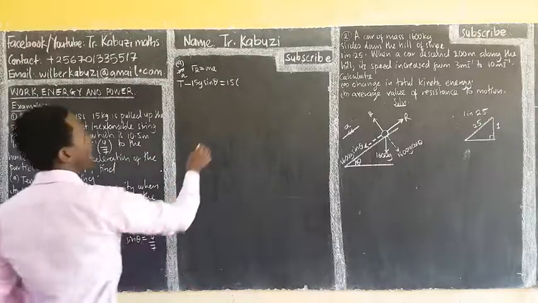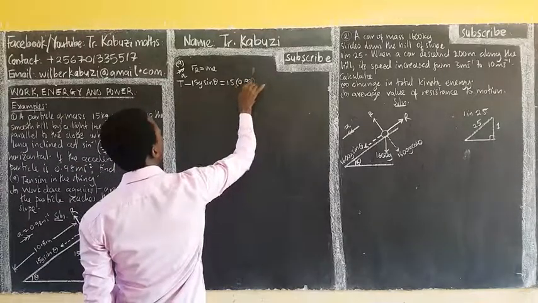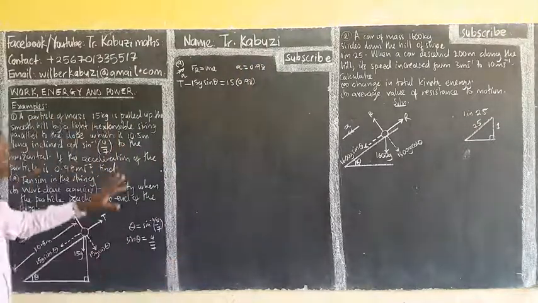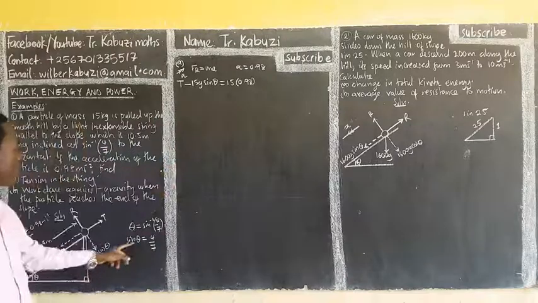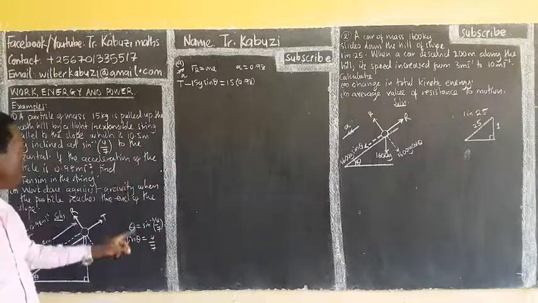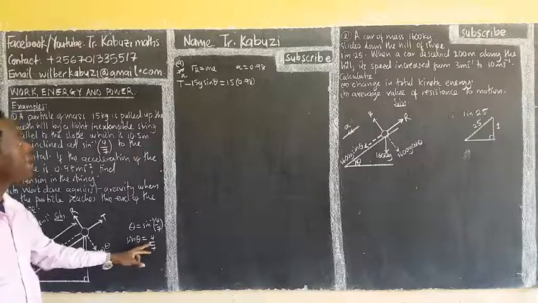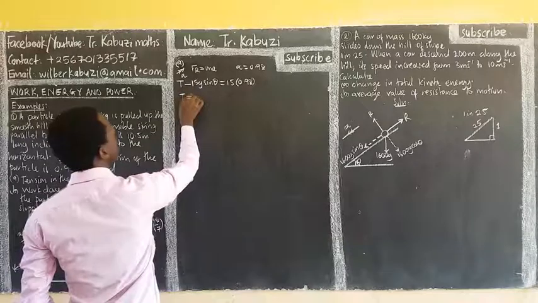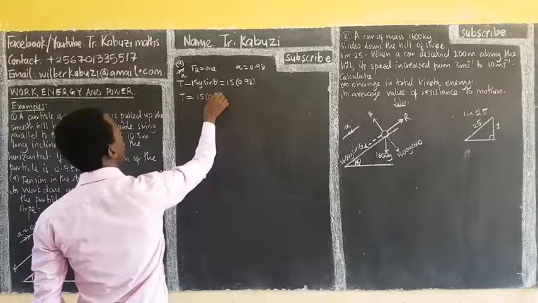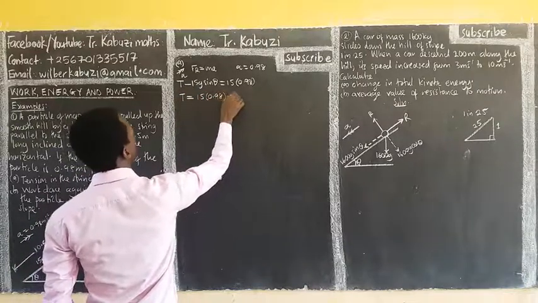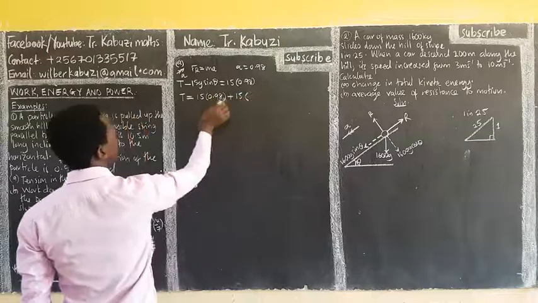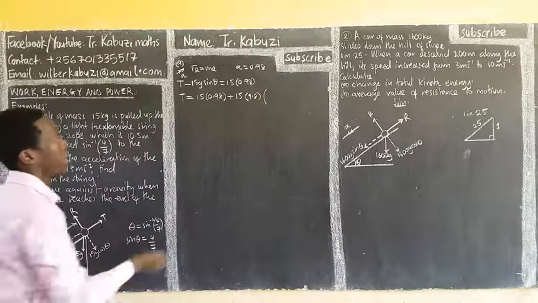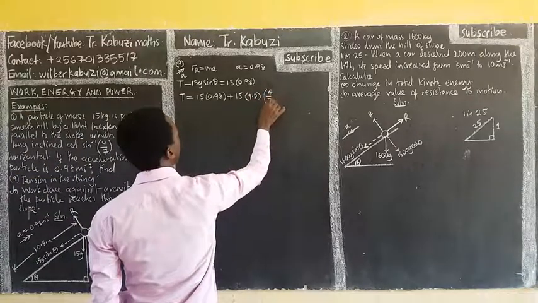Our acceleration from here is 0.98. That's our acceleration, 0.98. So now, from here, I think you see using the angle they gave us, I could easily get my sine theta as this. So when I take the other side, I'll be having T equal to 15 into 0.98, plus 15. Now this g is 9.8, then sine theta which is 4 over 7.